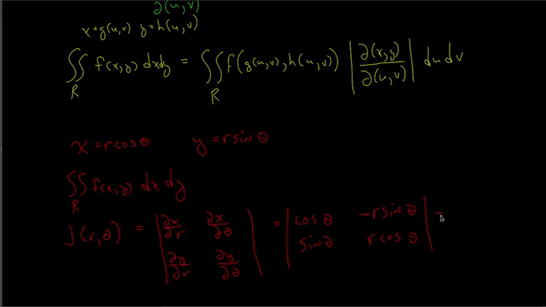And if we do the determinant of that, it's r cosine squared theta plus r sine squared theta, or r.